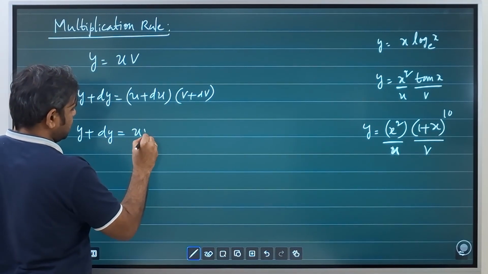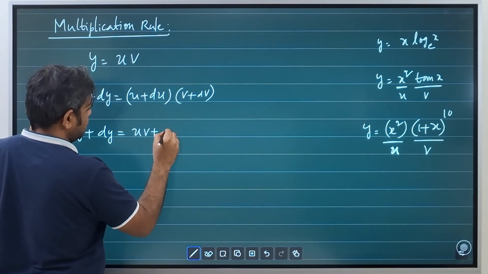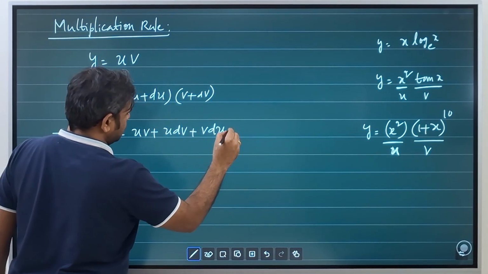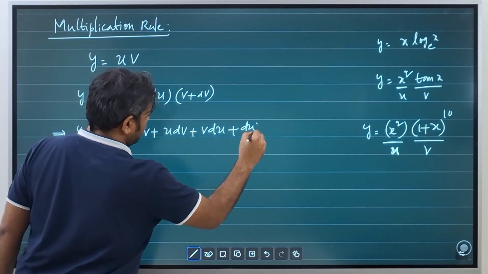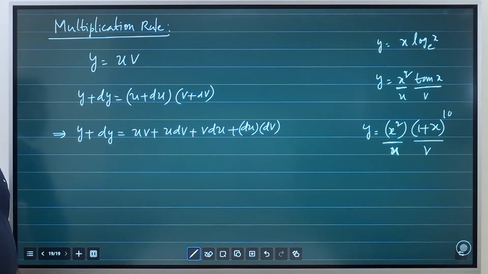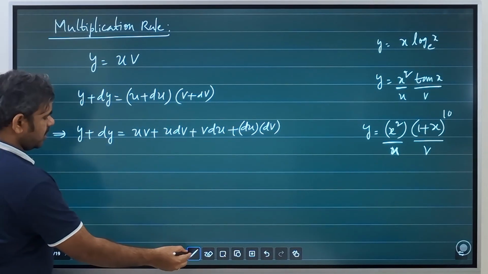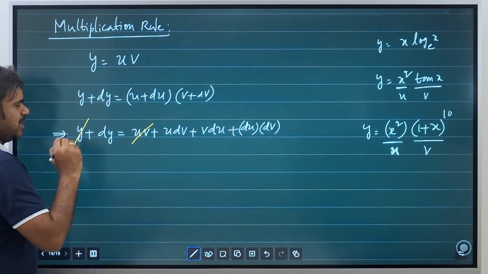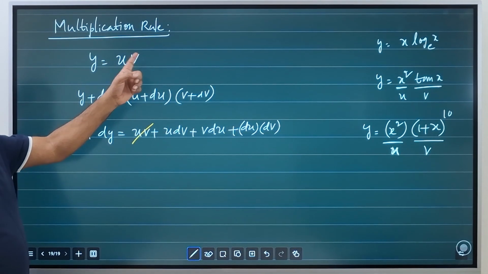You can write this as uv plus u dv plus v du plus du into dv. Well, you know y is equal to u into v. So y and uv cancel out.